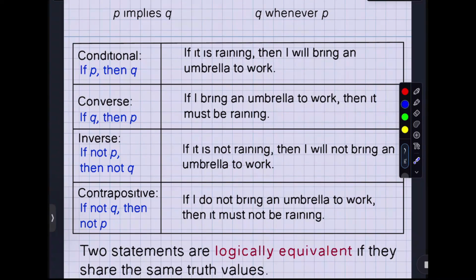Okay? The conditional is the original. The converse, like the sneakers, Converse, you switch them, just like switching your sneakers. Okay? So let's do this.